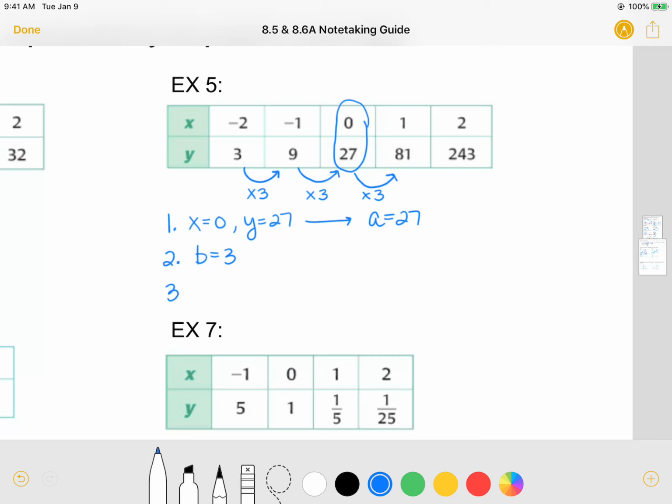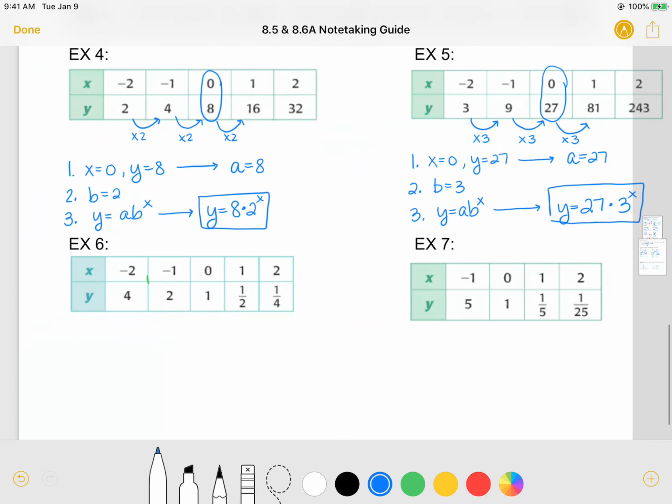So the third step is to take our exponential rule and plug in a and b. So our rule then is y equals 27 times 3 raised to the x power. Okay, so that is our rule right there.